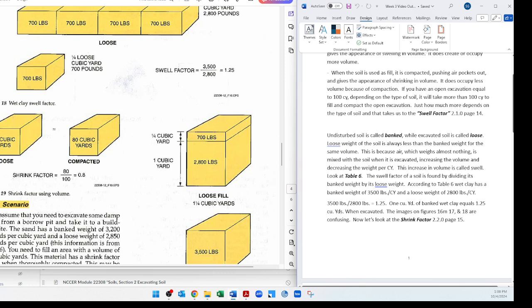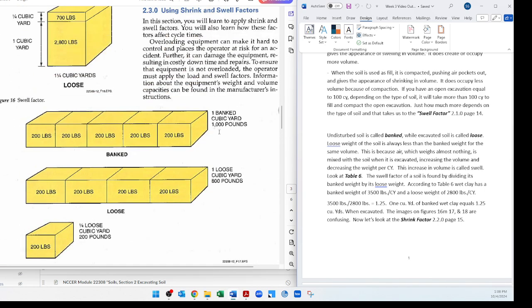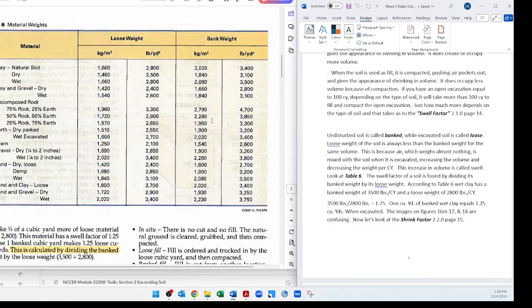So let's review. Swell factor is simple. It is the bank weight divided by the loose weight in pounds per cubic yard. Simple. And that is a factor.